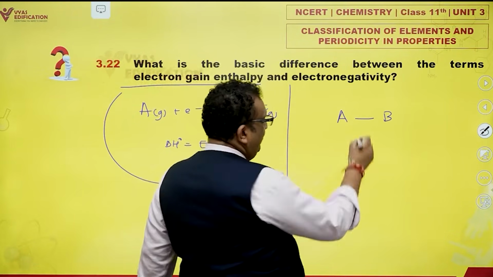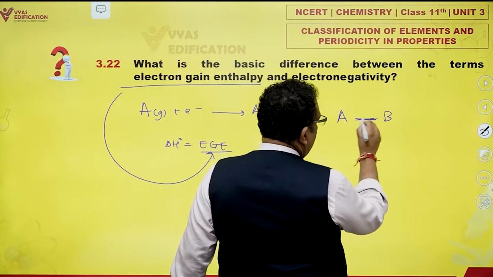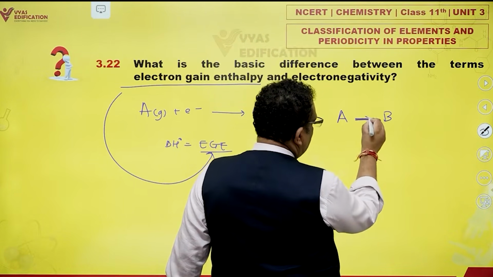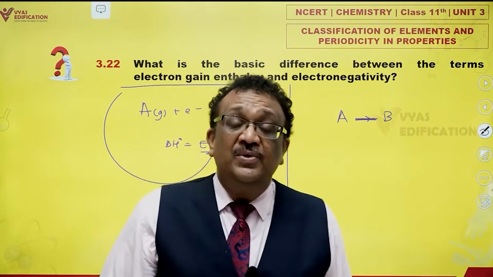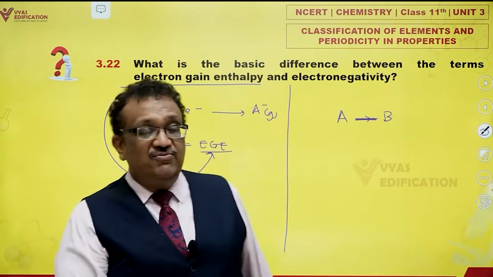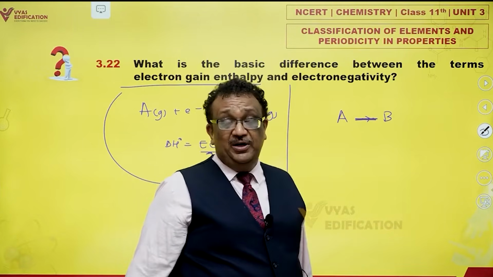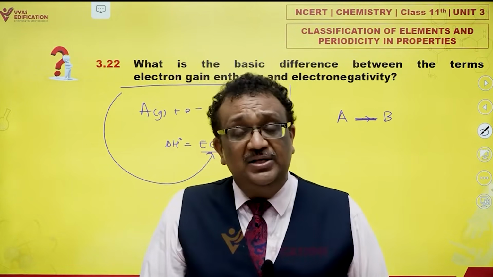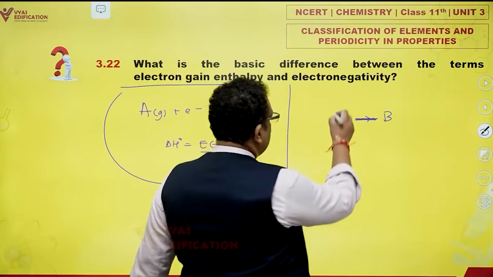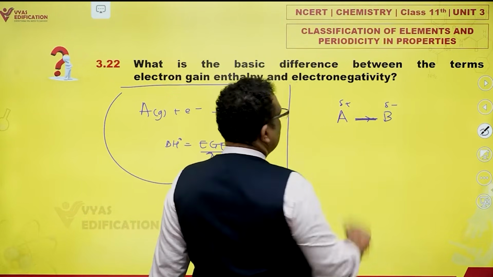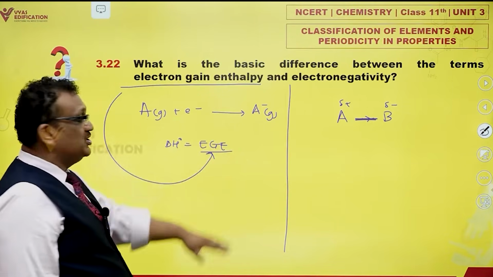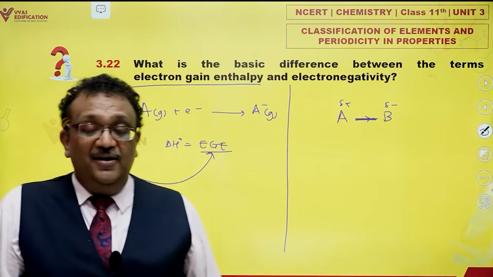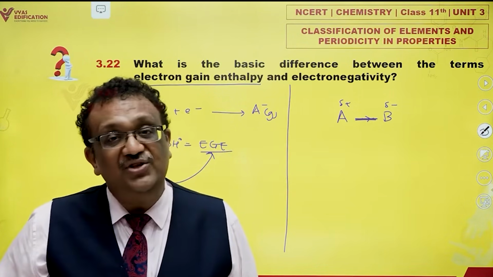So, if you have a shared electron cloud, and it is pulled away in one direction by one atom in preference to the other, only this feature is electronegativity. And this slight displacement does not actually create cations or anions. It creates only delta plus and delta minus charges. It is not as drastic as complete transfer of electron, which actually would lead to formation of a gaseous anion.